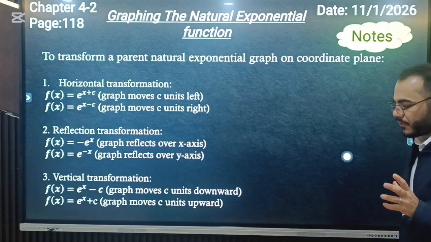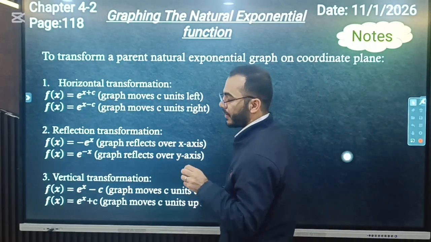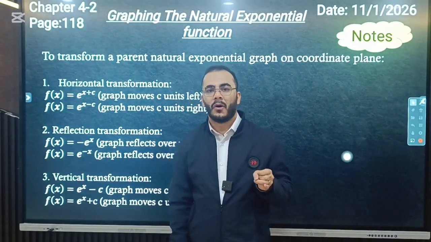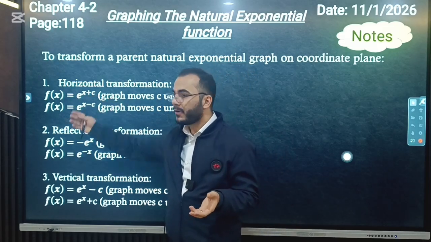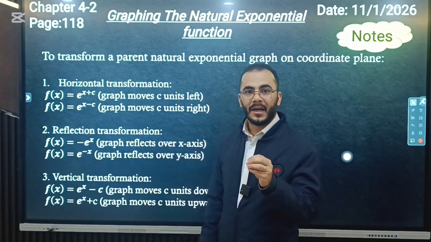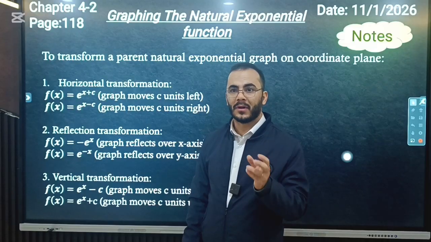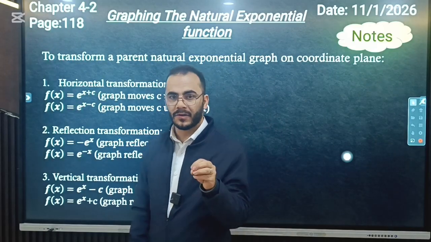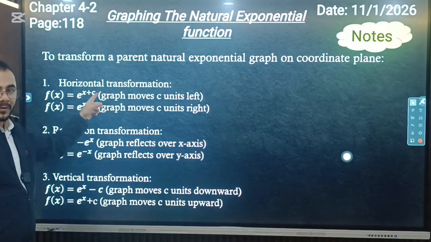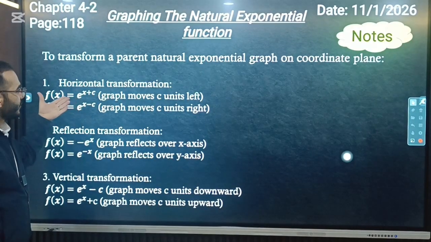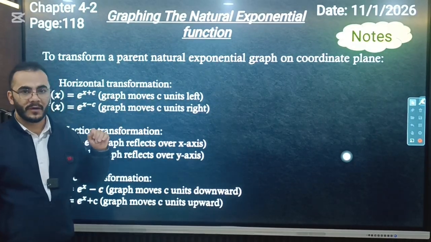We have got three types of transformation. The first one is horizontal transformation. If we have f of x equals e powered by x, in the exponent either we have got plus c or minus c. If we have got e powered by x plus c, we will transform the graph c units to the left.